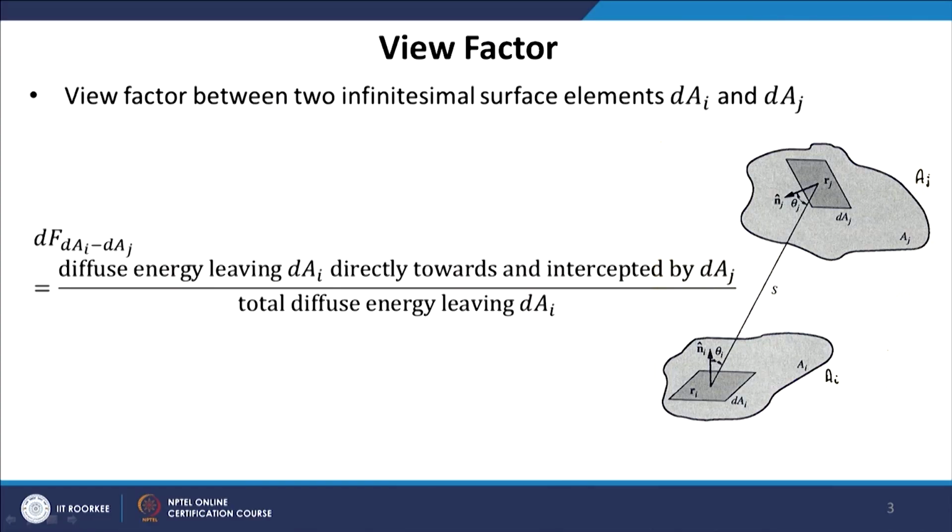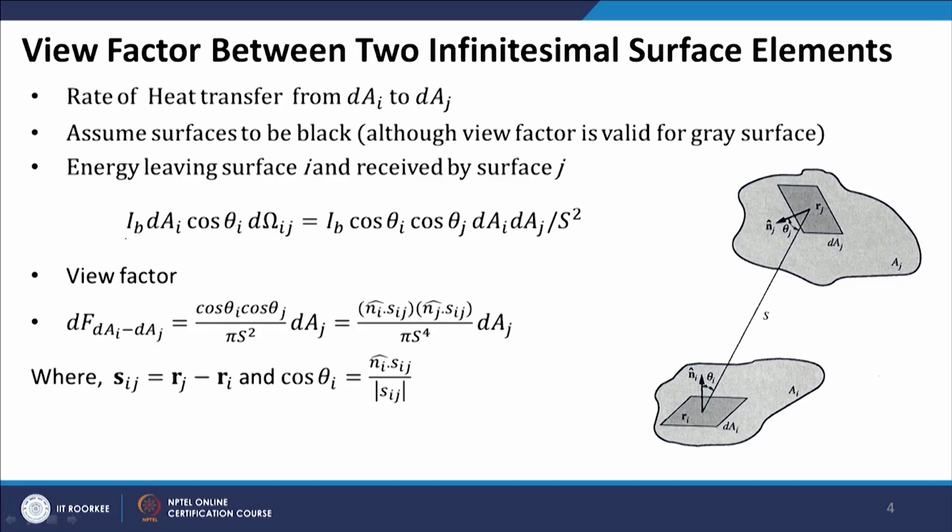Total energy will be leaving surface dAI in the whole 2 pi solid angle, but only a fraction of this energy will actually reach surface dAJ, and this is governed by the orientation, the solid angles and the relative areas of the two surfaces. So how do we evaluate this view factor mathematically?